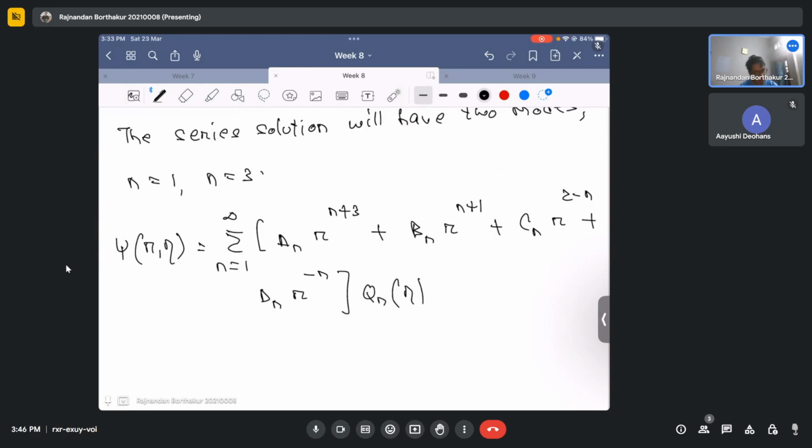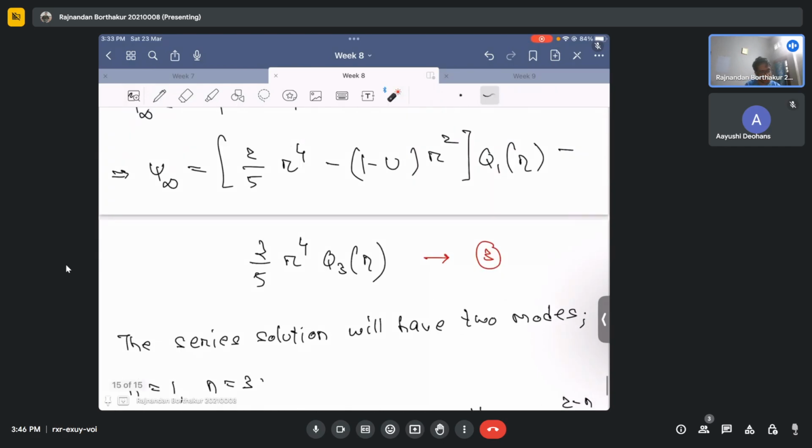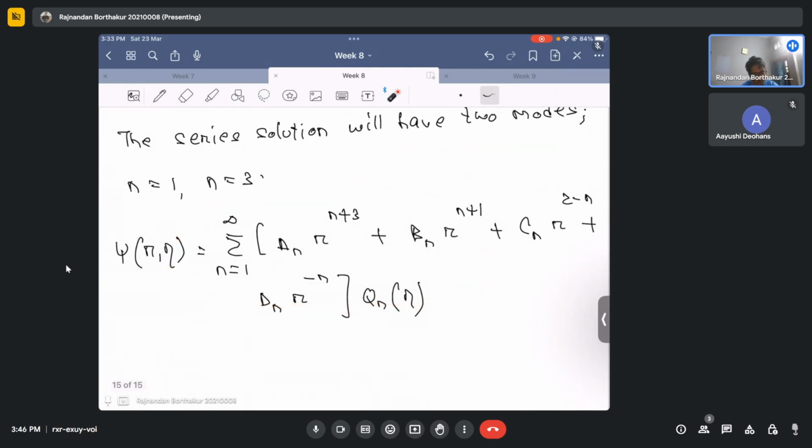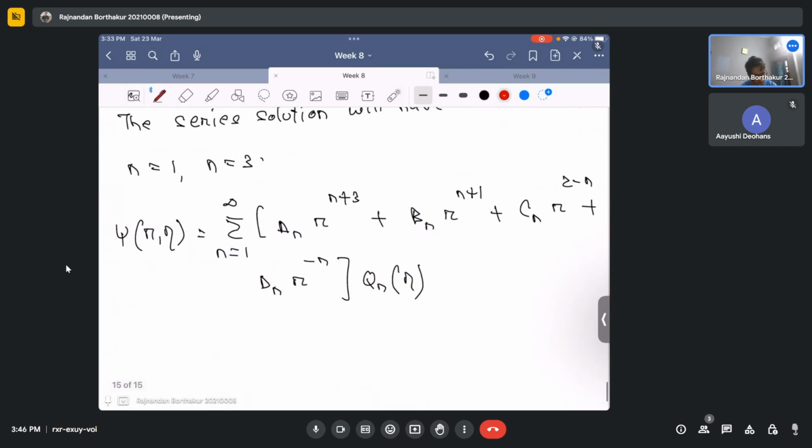Okay, so now it can be easily seen that comparing this with the series solution, I know that only n equal to 1 and the third mode survives. So this is the most important step in evaluating the series solution: trying to see which modes actually survive in the complete solution of the stream function by looking into the far field solution of its counterpart.